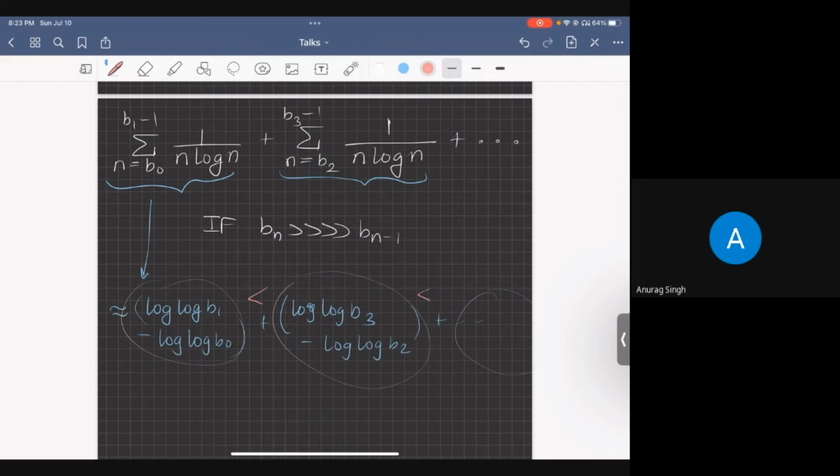So we have to be careful that we cannot allow this. It cannot be too large, right?